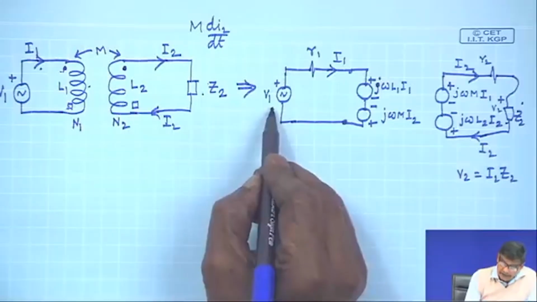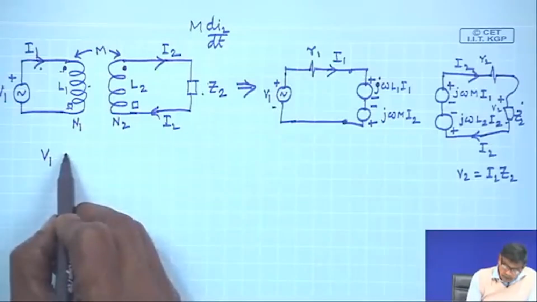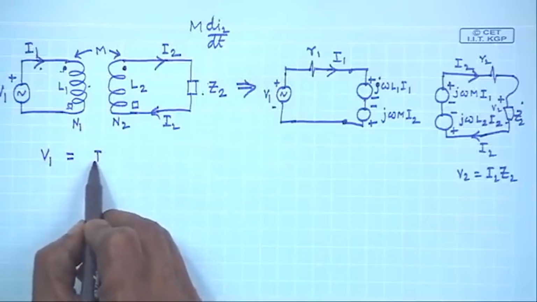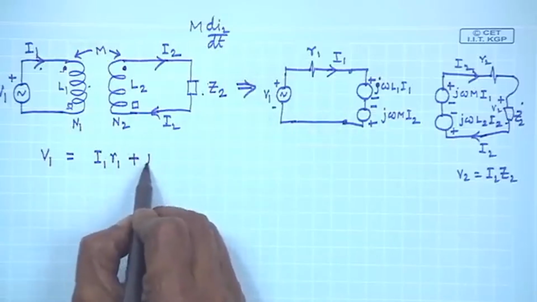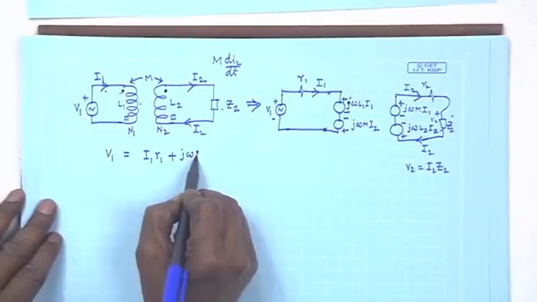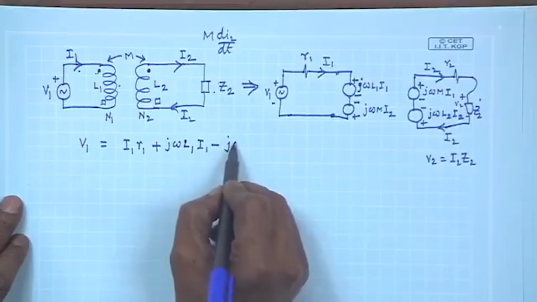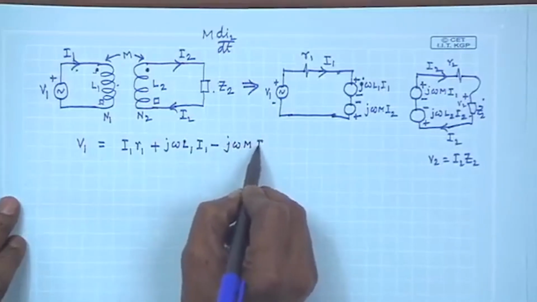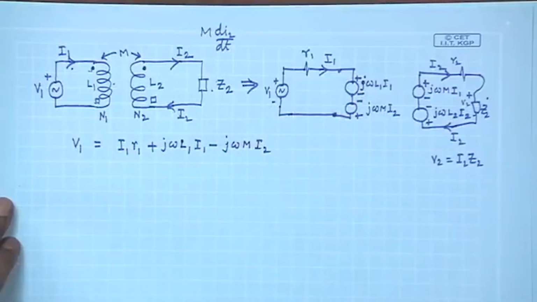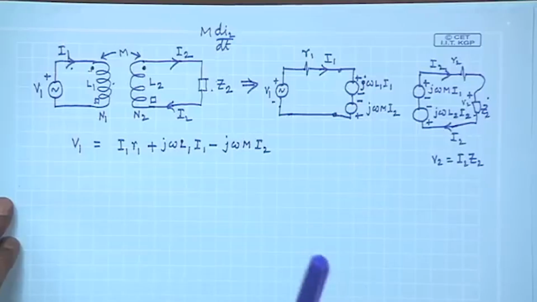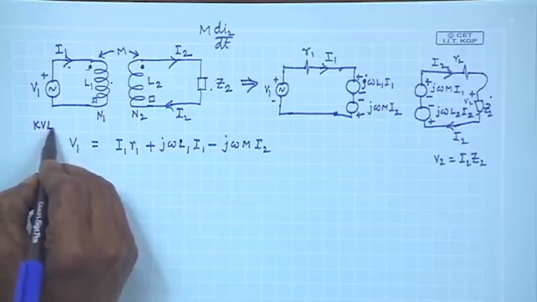So first, this side, the KVL equation is: applied voltage V 1 will be equal to I 1 into R 1 plus j omega L 1 I 1 and then minus j omega M into I 2, and you are back here. So this is the first equation, KVL in primary.